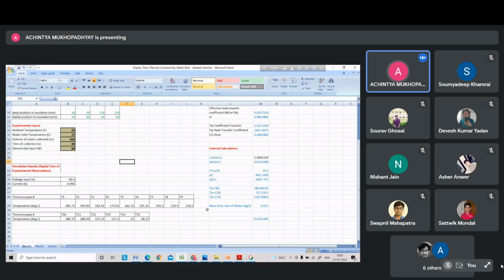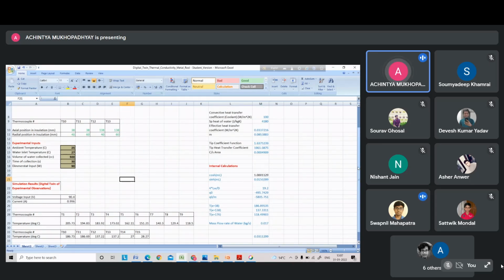For example, here also, as we are going from T1 to T15, the temperature will be decreasing gradually, though not for all. From T1 to T9 it will be gradually decreasing.